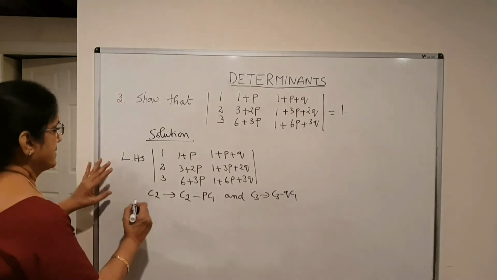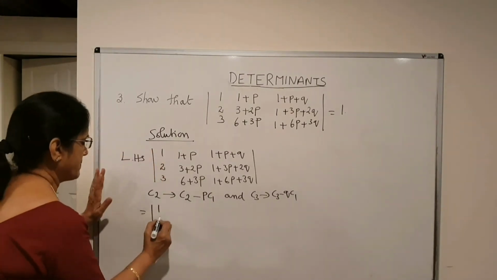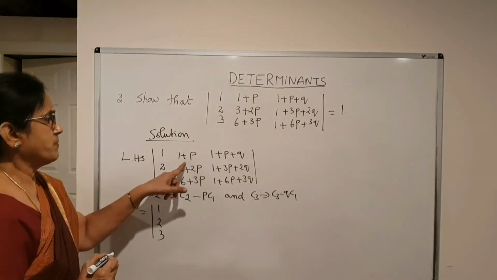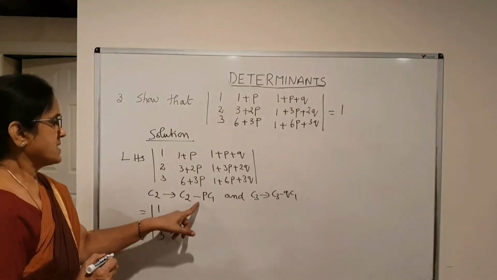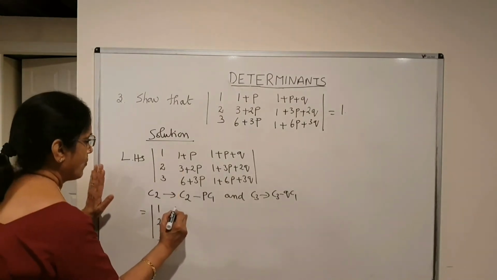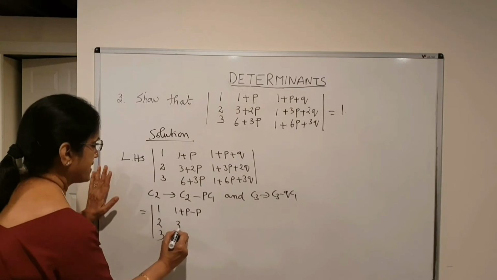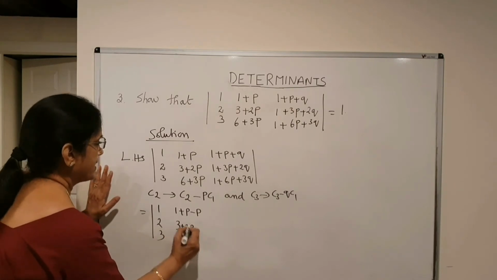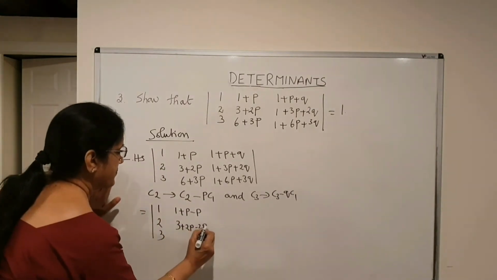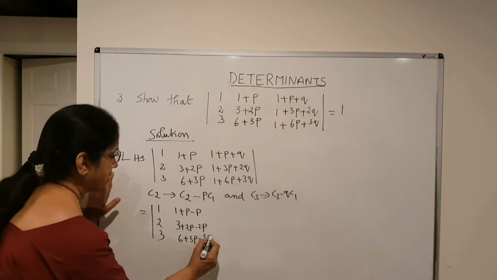Now what will happen? LHS will be, see here, first column will remain the same. Second column, C2 is 1 plus P minus P times C1 is P. So I will be having 1 plus P minus P. Here it will be 3 plus 2P minus P times C1, so minus 2P. Here it will be 6 plus 3P minus 3P.